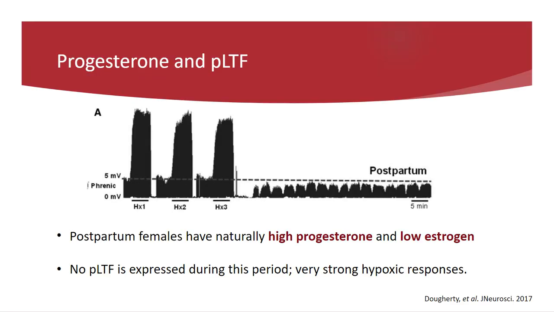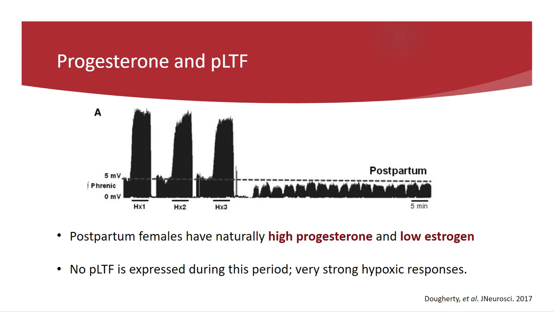So there have been indications in the past that progesterone specifically, or even the ratio of progesterone to estrogen in females, is important for the development of neuroplasticity. And so what we did is we were looking for a naturally occurring period of time where we had high levels of progesterone and low levels of circulating estradiol.